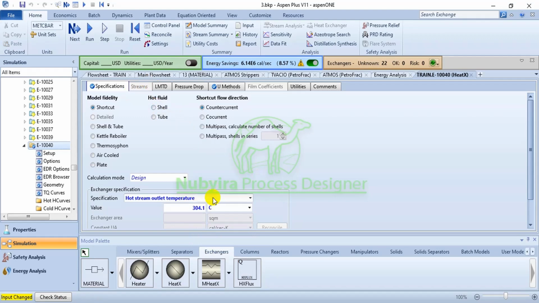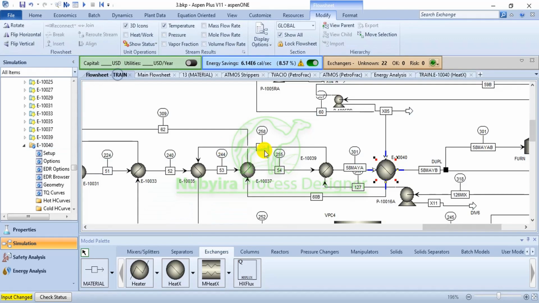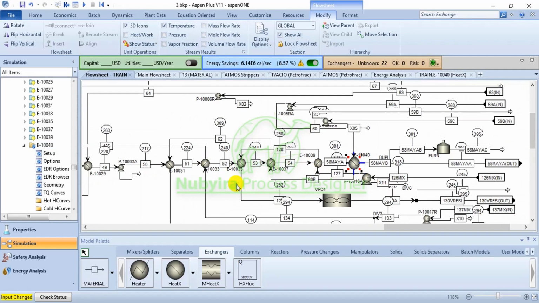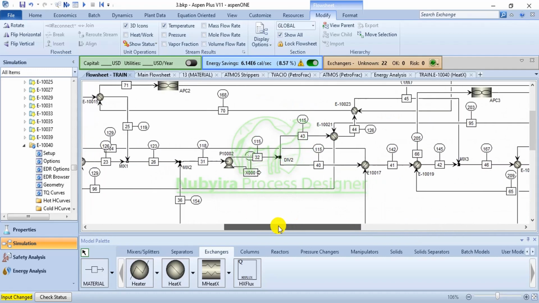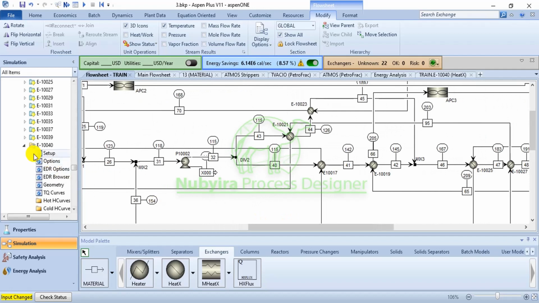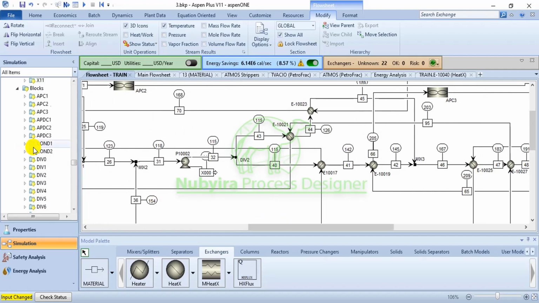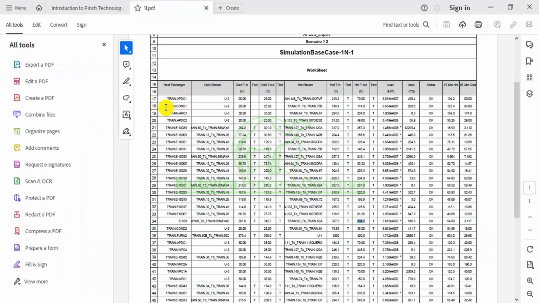Then, because the temperature profile will change, the temperature specification for all the exchangers will change. So I'm just going to cross check the temperature profile of all the heat exchangers one after the other. So I'm going to check from here, one after the other.